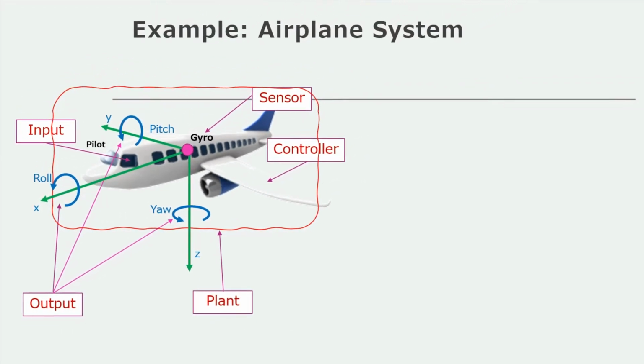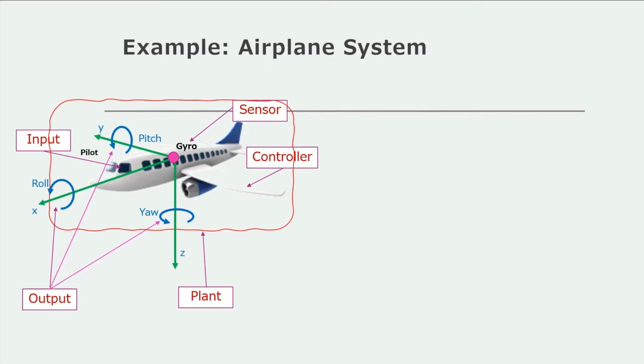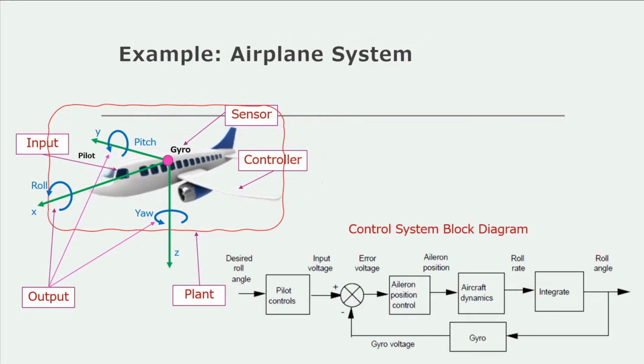Let's say we want to design a roll angle attitude controller. Here is an example of the flow diagram that we can draw. We have a pilot control, and the pilot control has a voltage input, and from the gyro feedback we just take the roll angle only.